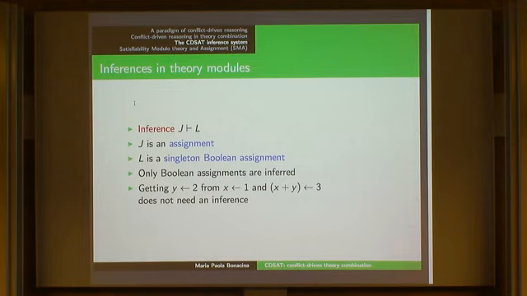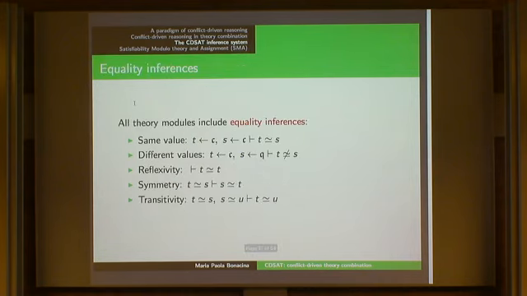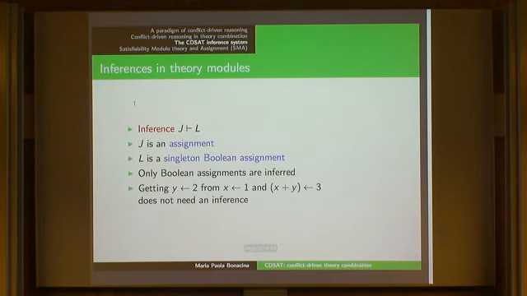It's not regarded in CDSAT as something that needs an inference. It is kind of basic evaluation of the variables, so we don't use an inference for that. Which means we do not require the assignment y gets 2 to be justified by an inference. It is only justified by the previous assignments to x and x plus y.